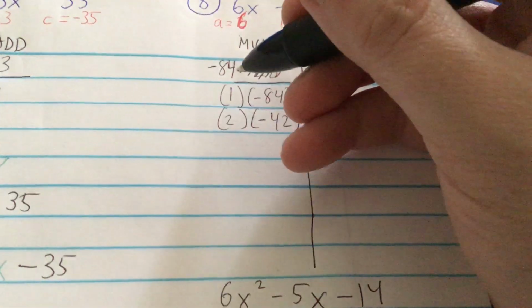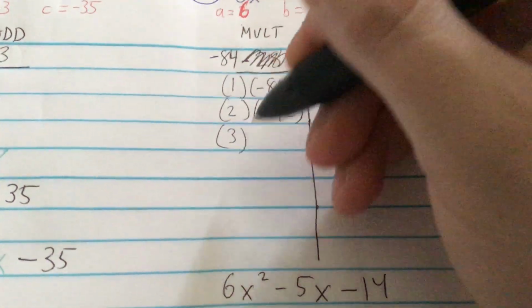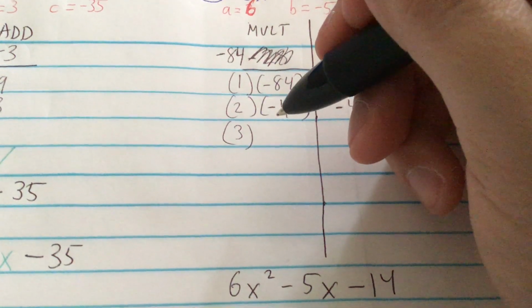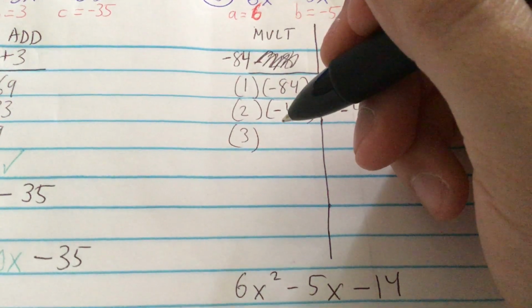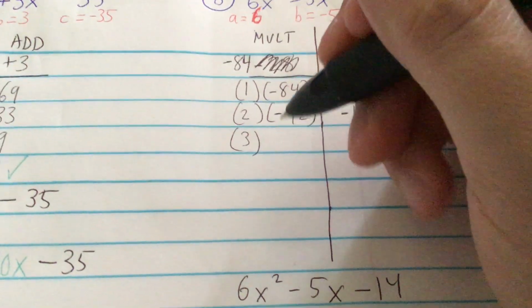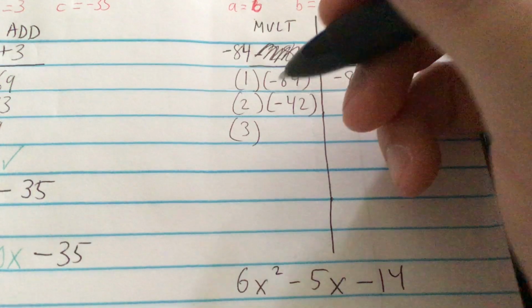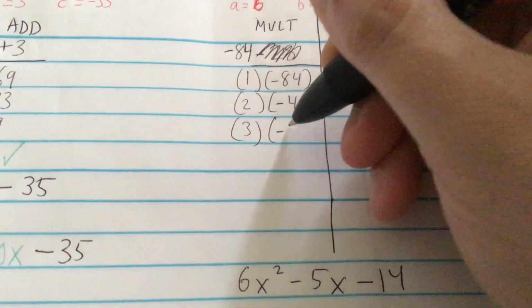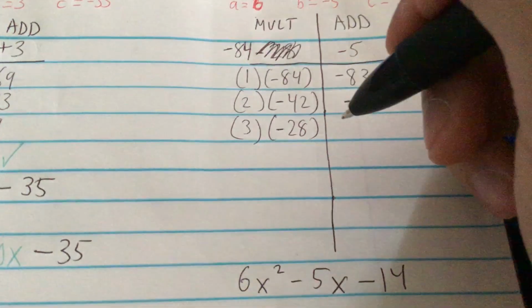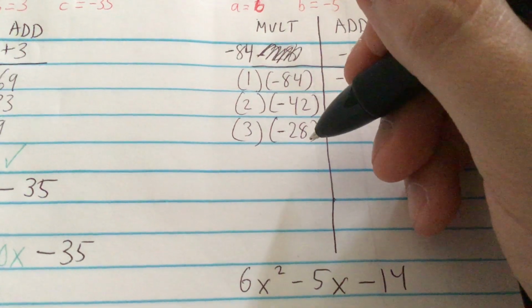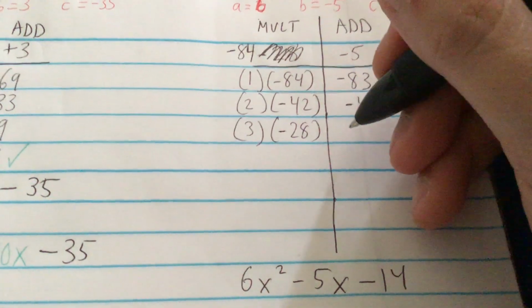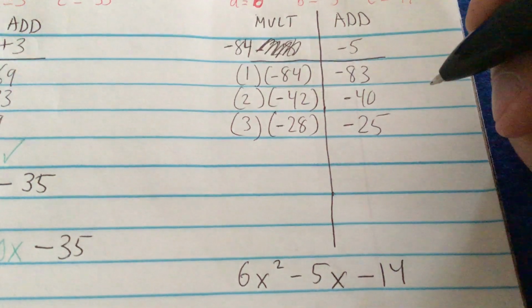Let's see. 3 goes in there. 84 divided by 3: if 90 divided by 3 is 30, 3 times 29 would be 87. So 3 times 28 would be 84. So 3 times negative 28 would be negative 84, but they would add to negative 25.